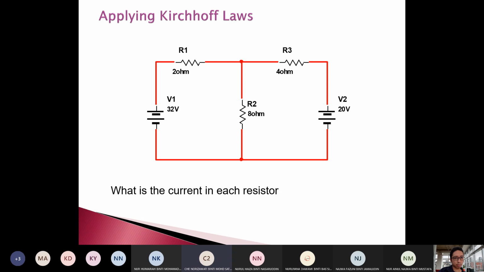So your I1 is equal to, if I take from here, 20 minus 12 I3.